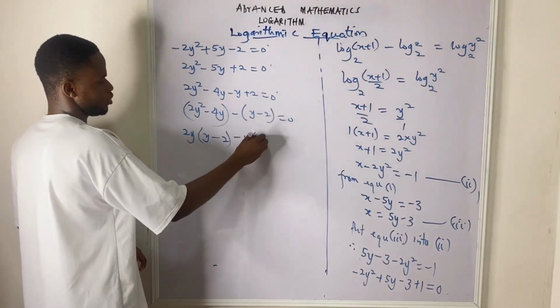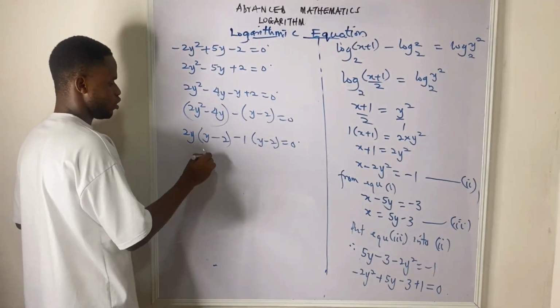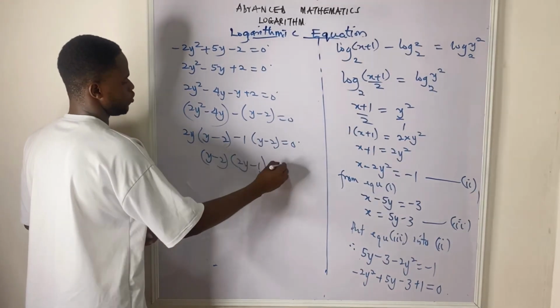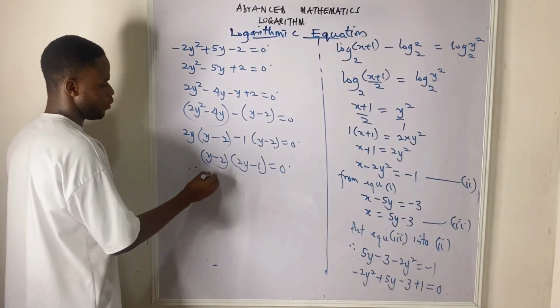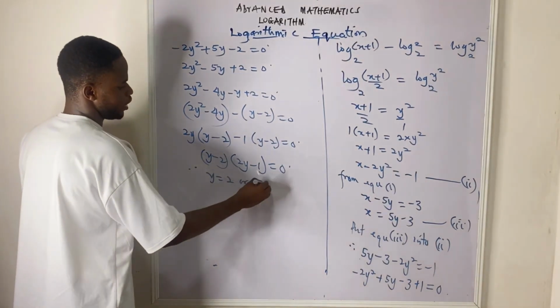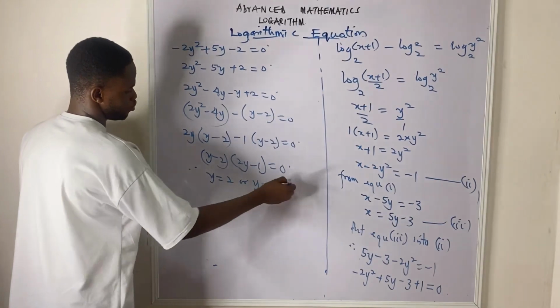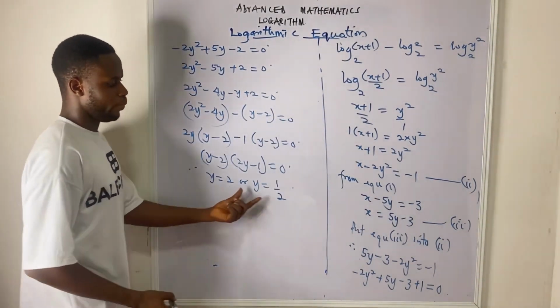And the common one is 1. So equals 0. y minus 2 is common again, take it out. What will be left? 2y then minus 1 equals 0. As simple as that. So therefore, you can simply say y is 2 or y is 1 divided by 2. If we solve that, that's the value of our y.